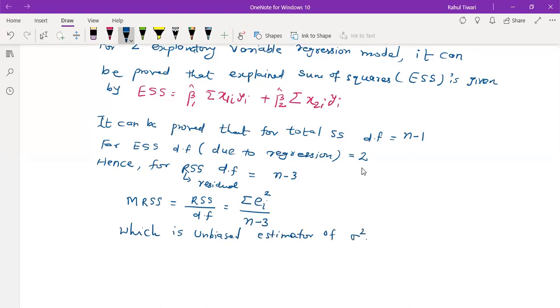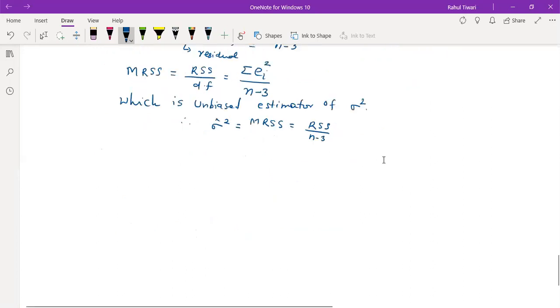Therefore, sigma hat square is equal to MRSS equal to RSS upon n minus 3, or summation of e square upon n minus 3.